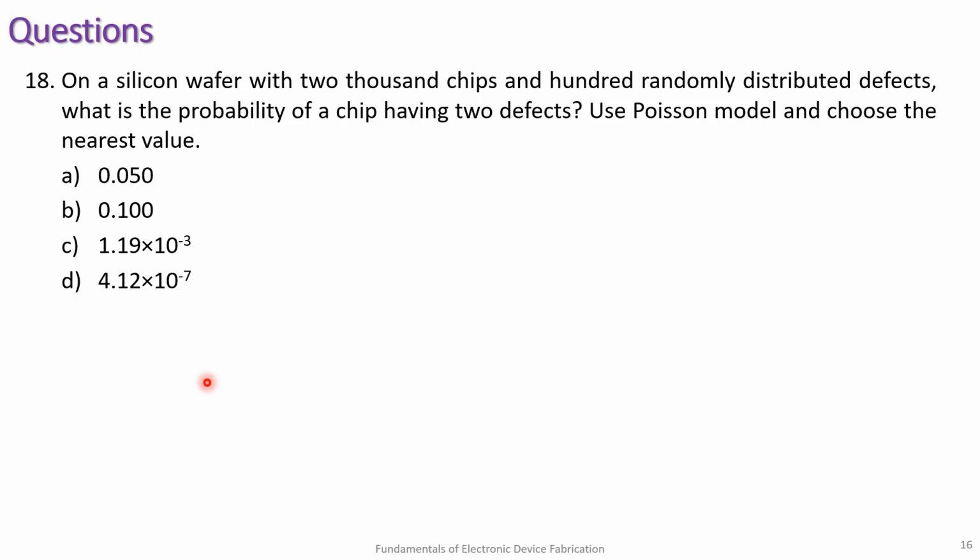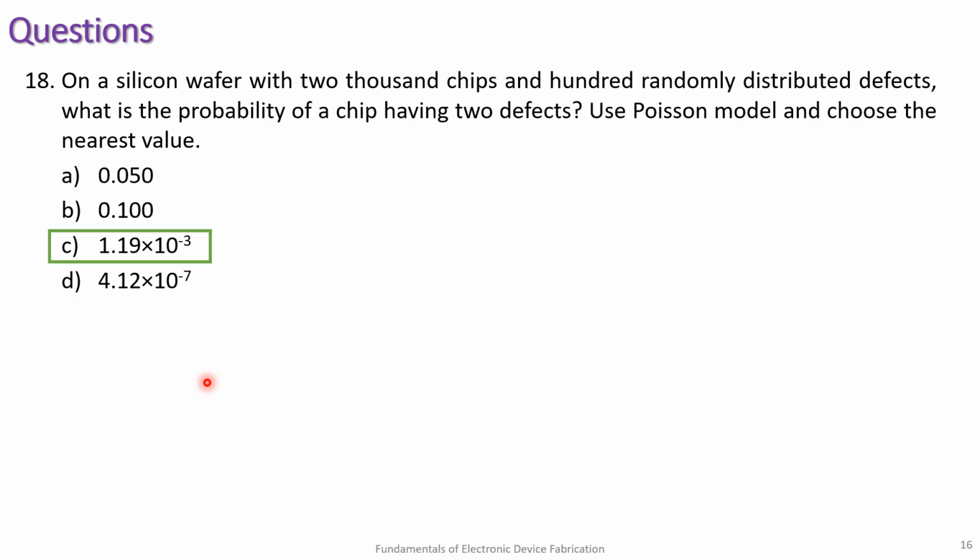The K value is directly given to you. 1.189, you can put as 1.19.